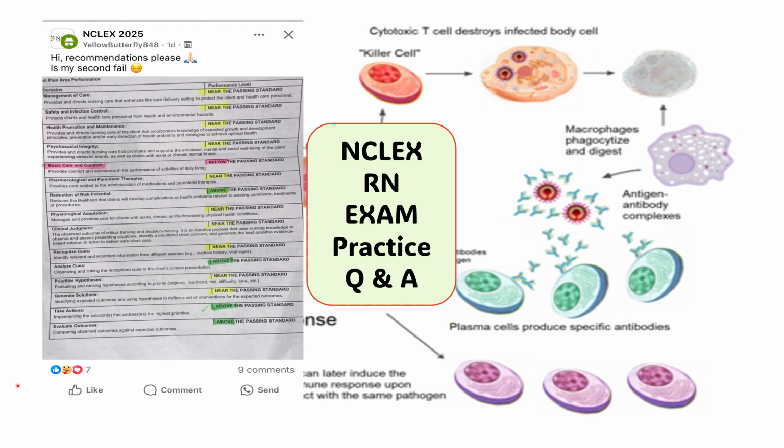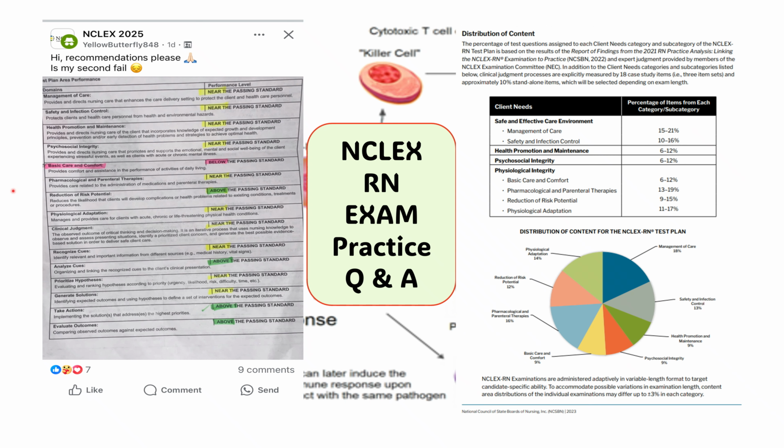So those domains or subcategories are the 8 categories, like the traditional one, which is this pie right here, like management of care, psychosocial adaptation, plus the 6 steps of clinical judgment.